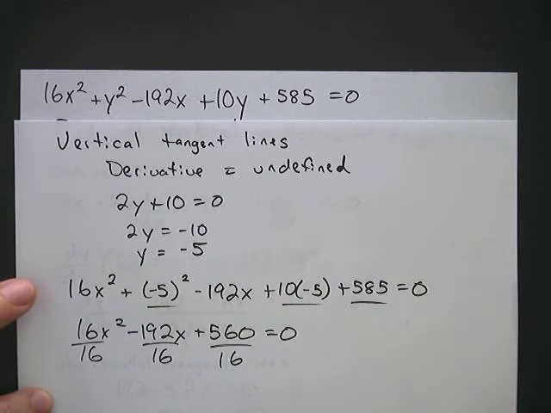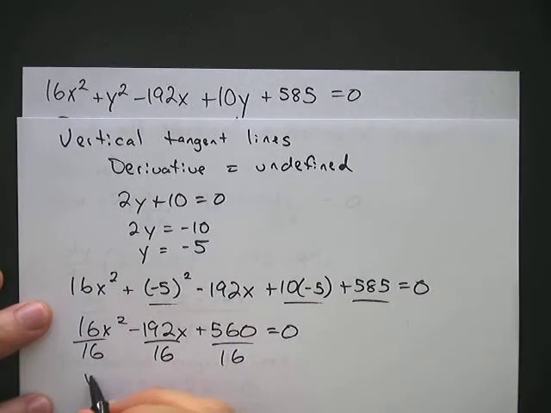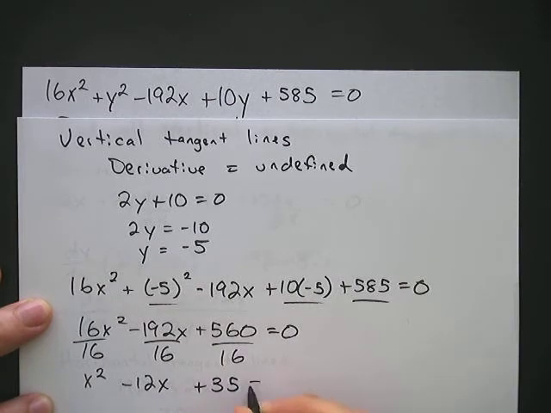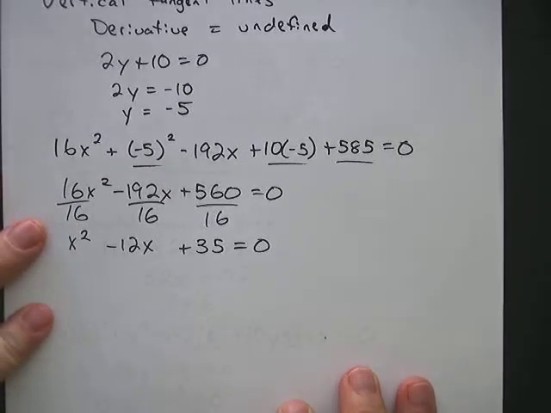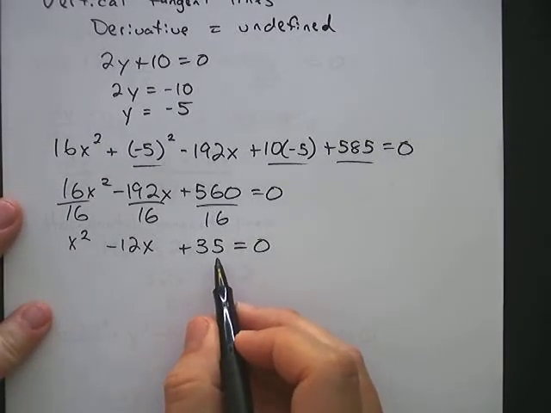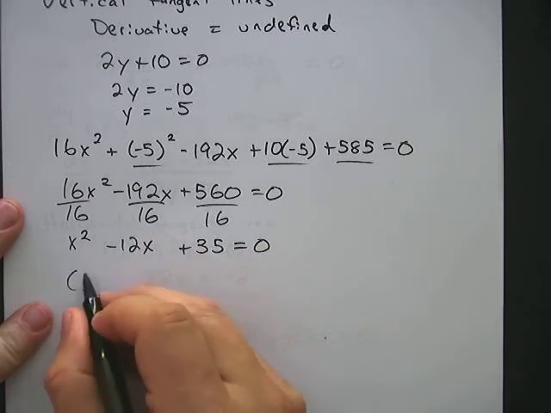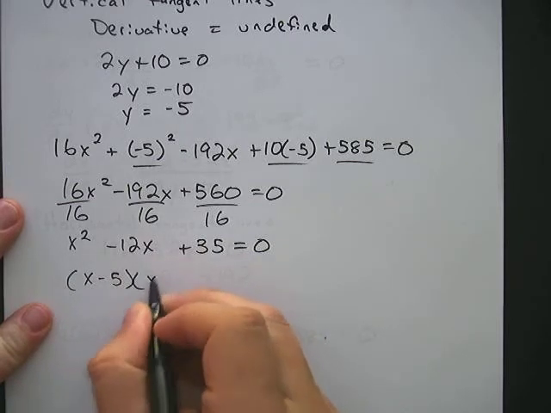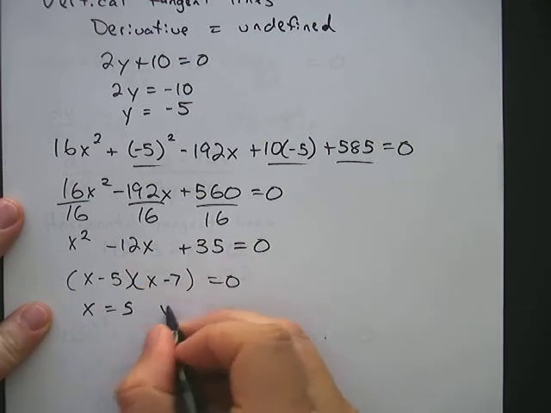We divide by 16, and we get x squared minus 12x plus 35 equals 0. Now we can factor that: two things that multiply to 35 and add to get negative 12. That's x minus 5 and x minus 7. Set those both equal to 0, and you get x equals 5 and x equals 7.